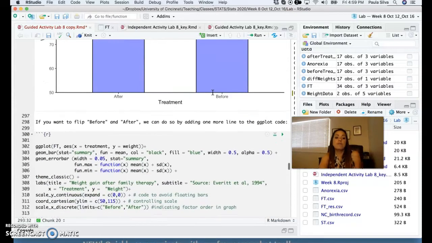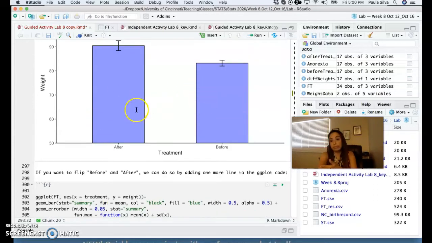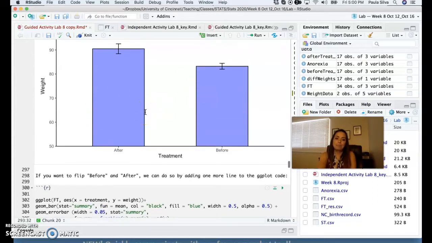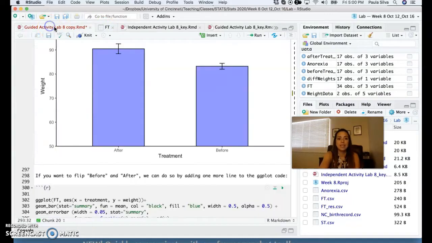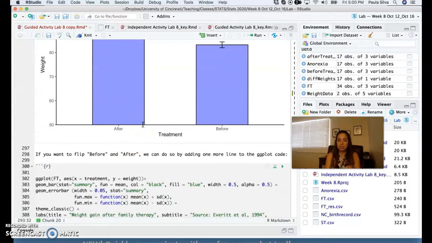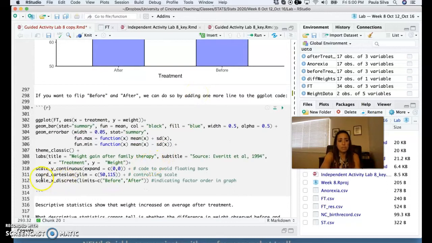All right, so if you want to flip before and after here, it makes more sense that before comes before after. And R will put by default whatever is first in your data set. I think it's alphabetical order. It's not even what comes before, because before comes before. So R by default will put the levels of your factor variable in alphabetical order here. So you can play around with that by using the function scale_x_discrete.